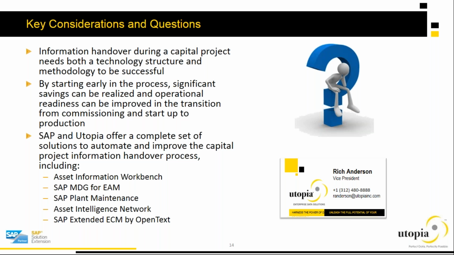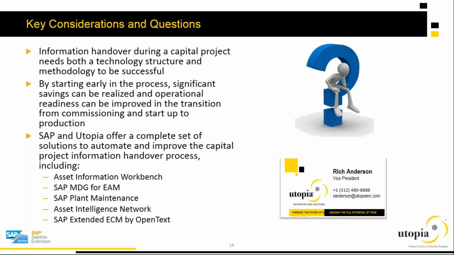The other comment that I would make is there's some of the EPCs, not all, have certainly made a strong business out of limiting the information that is shared during the capital project information handover process.